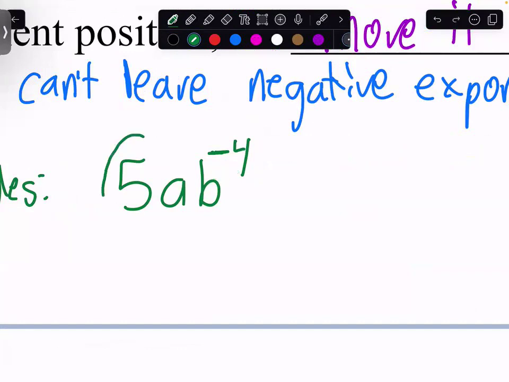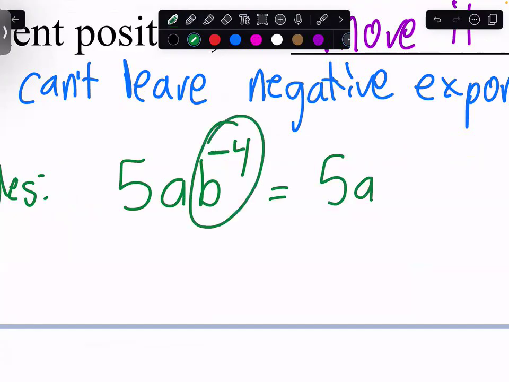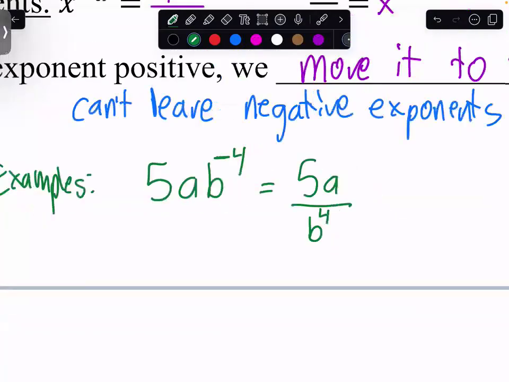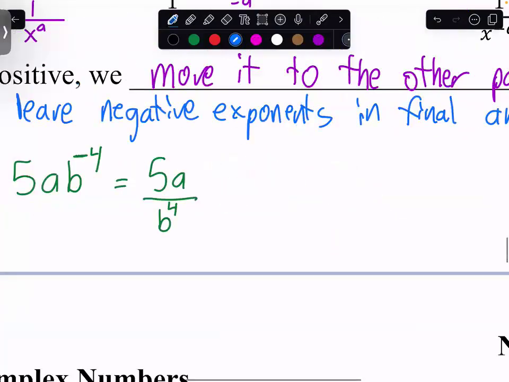So the 5 and the a are completely unaffected. They stay how they are. But this part with the negative exponent, that needs to move down to the denominator to become a positive exponent. So let's do another example here.